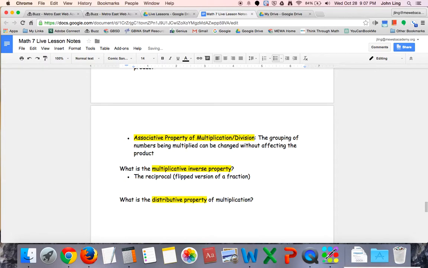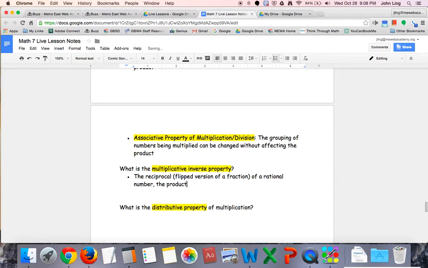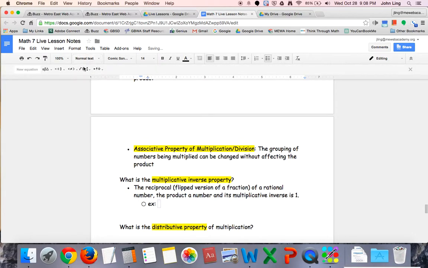The reciprocal of a rational number, the product of a number and its multiplicative inverse is 1.